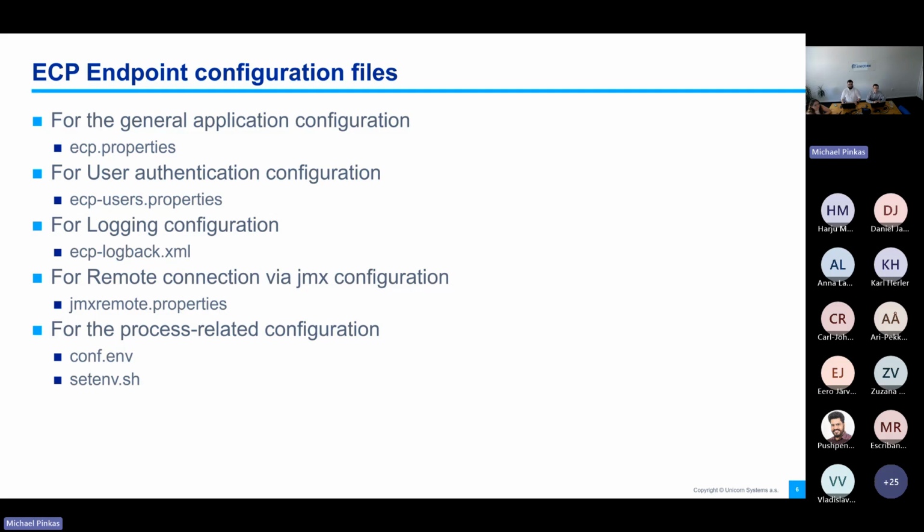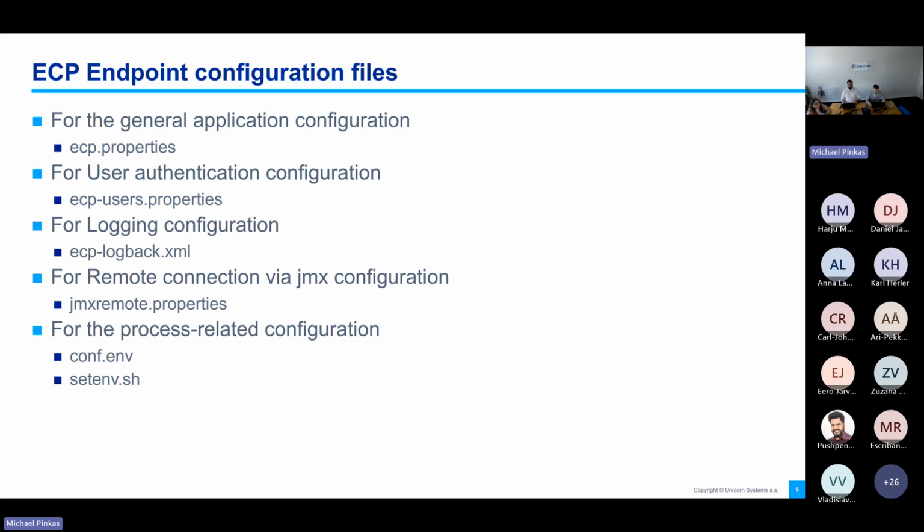Next, there are other configuration files like the ecp-users, which contains the user credentials that you can use in case you are using the default authentication, not the LDAP. Then there is the ecp-logback, which serves to configure the logging of the application, and the JMX remote properties, which are used to configure the JMX. And then we have the conf env and setenv.